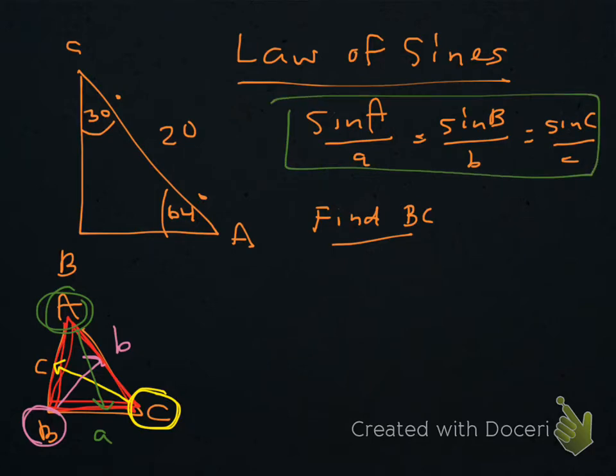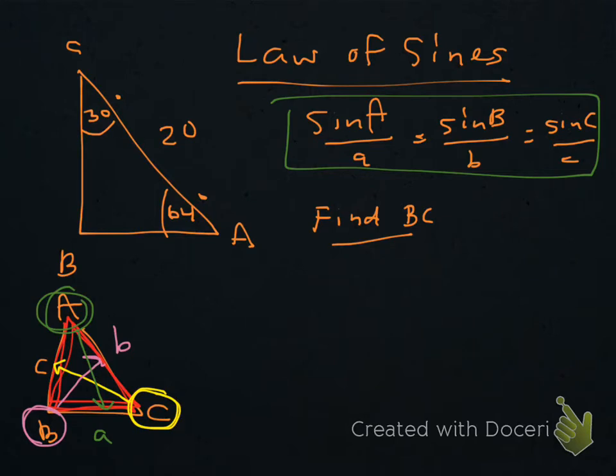It's called the law of sines. So in other words, the sine of the angle is proportional to the side opposite that angle, and the proportion stays the same between all three sides.